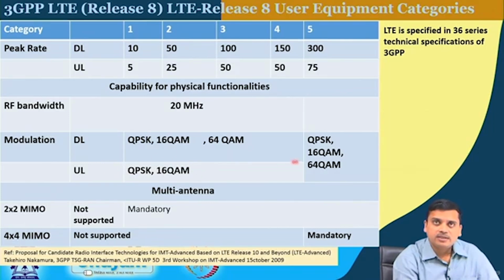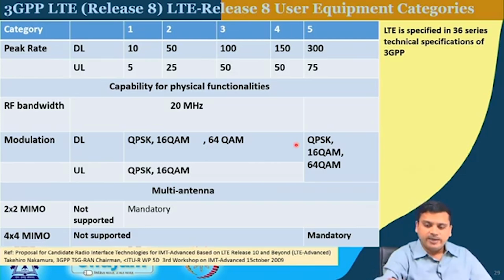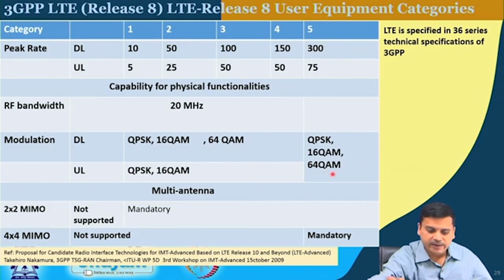If you go to category 5, all the schemes are supported in both uplink and downlink. So, when we take up a higher indexed category phone or device, it can support a higher data rate by virtue of providing a higher modulation order.